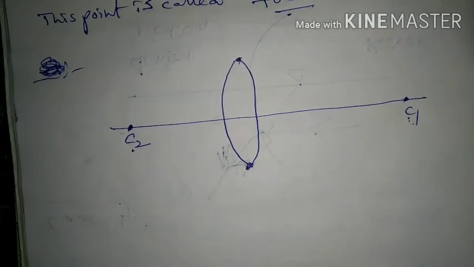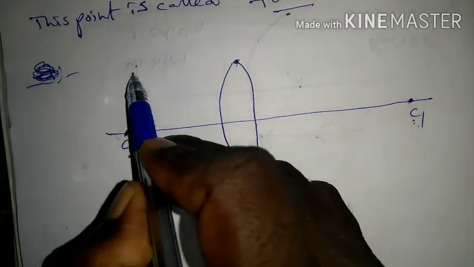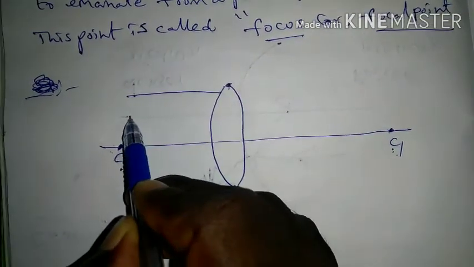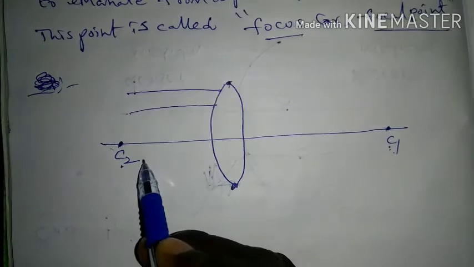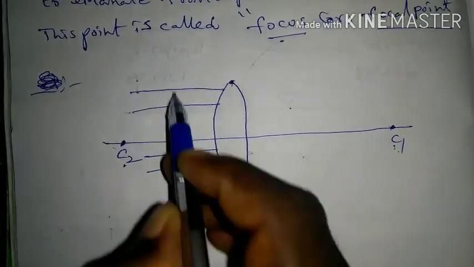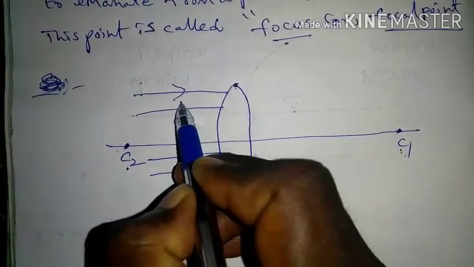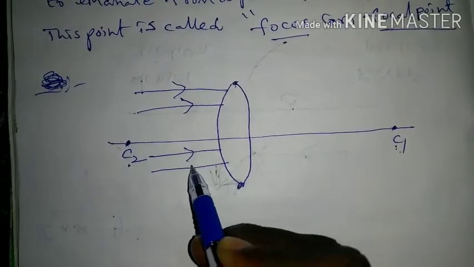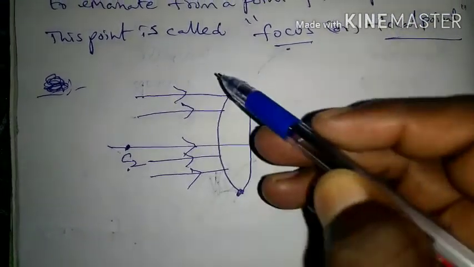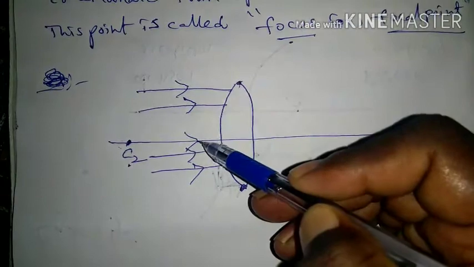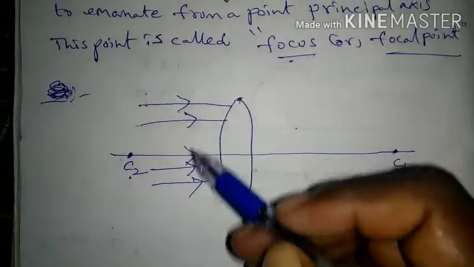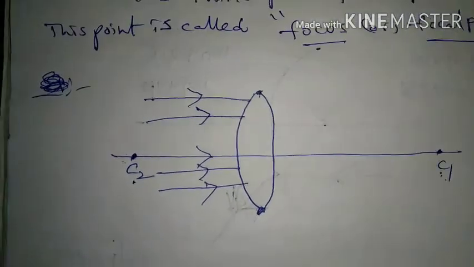Next, the parallel beam. These rays are a parallel beam. How many rays are there? 1, 2, 3, 4, 5 parallel rays.